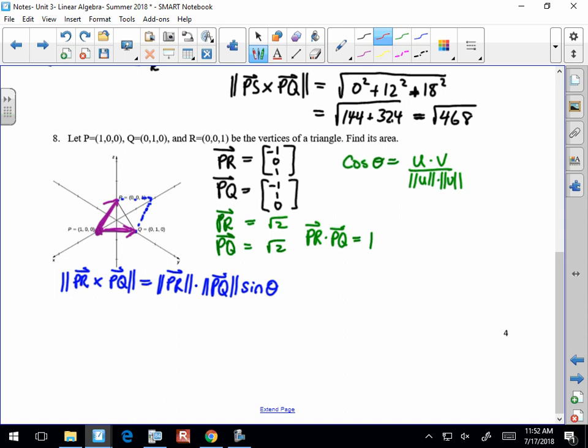So to get the angle, we're dealing with cosine theta is equal to, we've got the dot product is 1. The two magnitudes are root 2. So cosine theta is equal to 1/2. I could just write this as an inverse. Theta is equal to the inverse cosine of 1/2 and just plug in the inverse cosine of 1/2 for the theta in the sine.